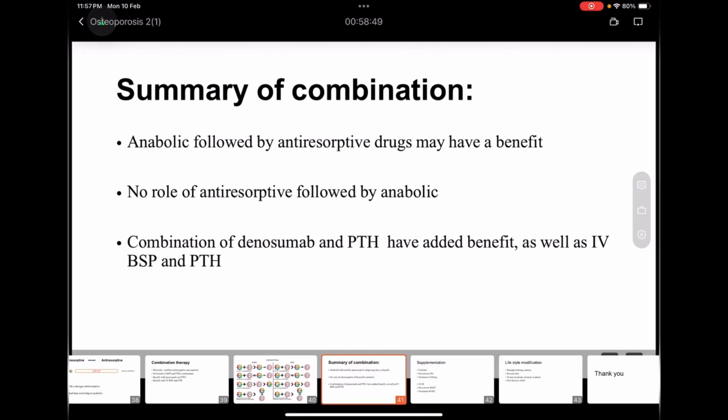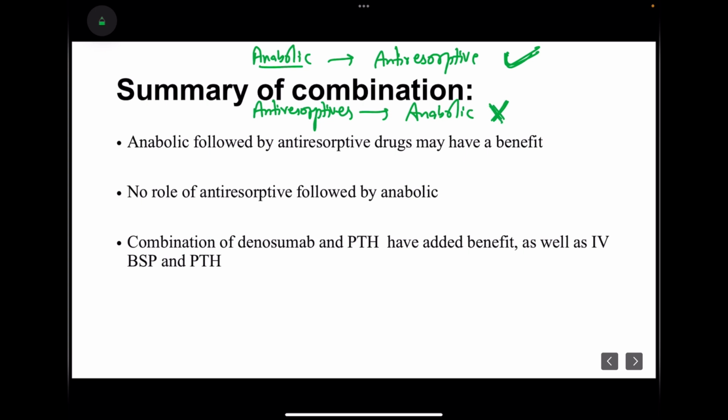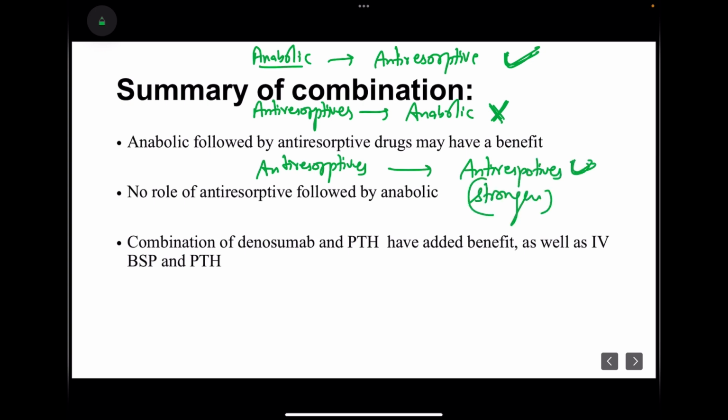So the summary of sequential and combination therapies is that after anabolic, anti-resorptives can be given. After anti-resorptives, anabolic, no, don't go for it. Patient on anti-resorptives, two anti-resorptives, yes, you can go for it, but with stronger anti-resorptives.